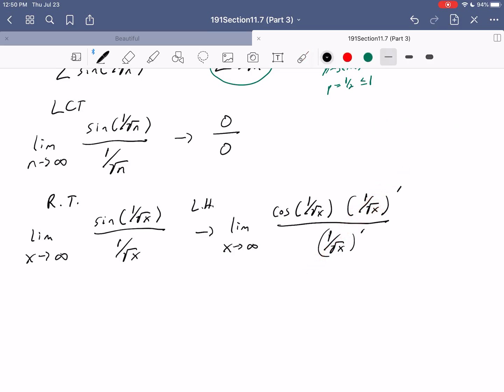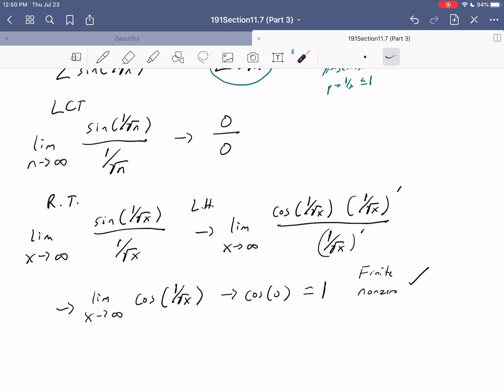So this is then the limit as x goes to infinity of cosine 1 over root x. As x goes to infinity, this is going to go to 0, so this approaches cosine of 0, which is 1. We're doing an LCT here, so getting a 1 is a finite and non-zero value.